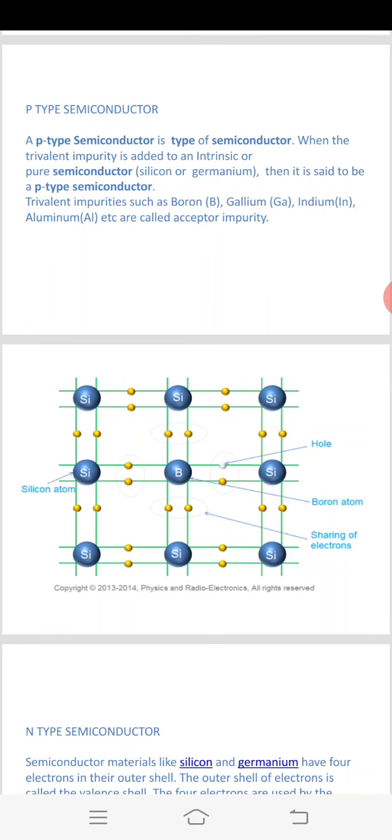Silicon has 4 electrons in its outer shell. The yellow balls show the electrons in the outer shell of silicon. Every silicon atom has 4 electrons in the outer shell.